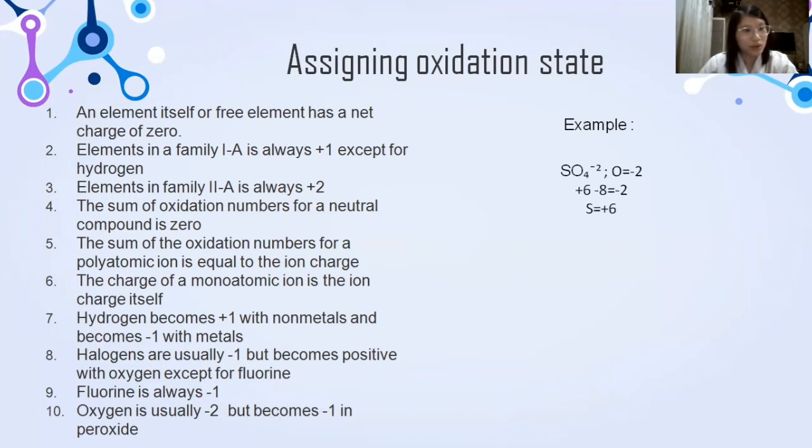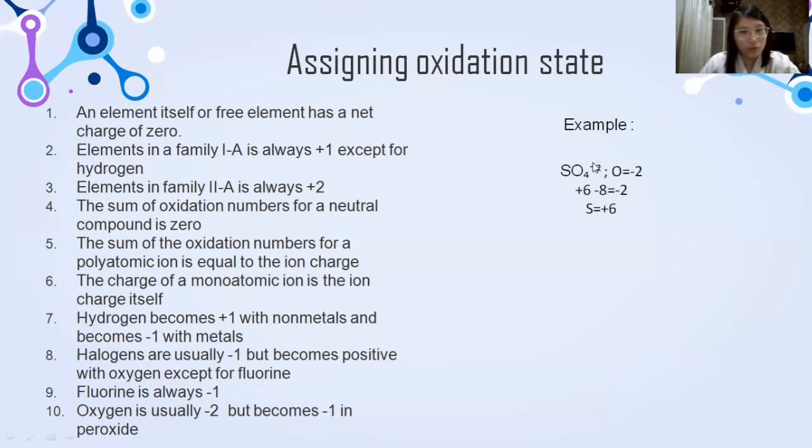Next, point 5 is the sum of oxidation numbers for a polyatomic ion is equal to the ion charge. Example is in a sulfate ion, where oxygen's charge will be -2. Since oxygen's charge will be -2, then sulfur will be +6, so that later we will get -2.